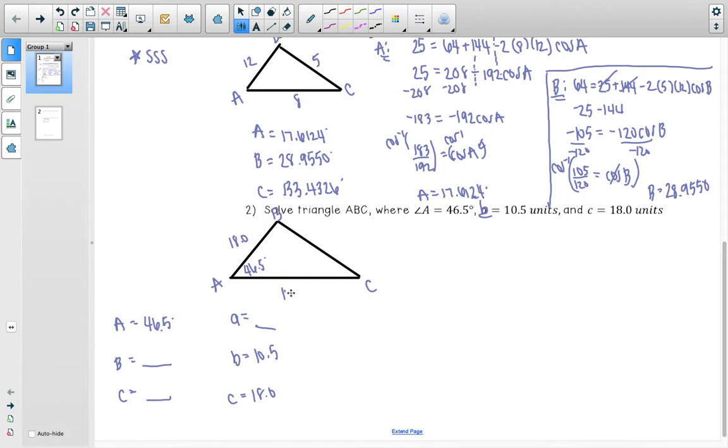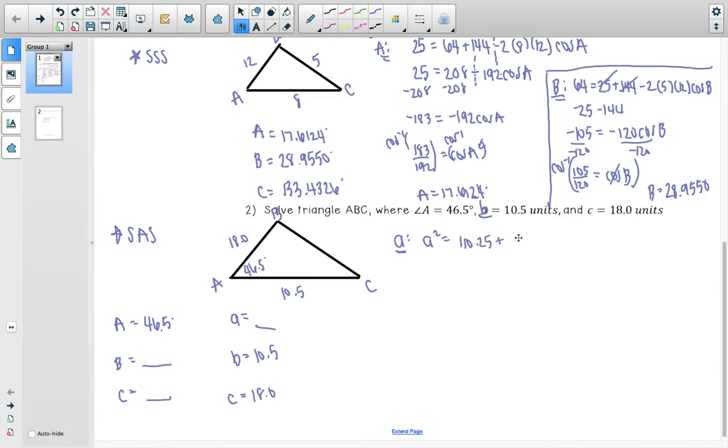So 10.5. We don't have side A, we have side B. So this is a side angle side situation. Okay, so if you have the two sides that touch the same angle, then you need to find this other side. So we're going to right away find side A. Okay, so the rule states that it's A squared equals B squared, and B squared is 10.5 squared, which is 110.25.